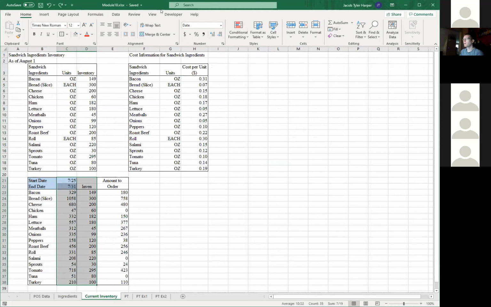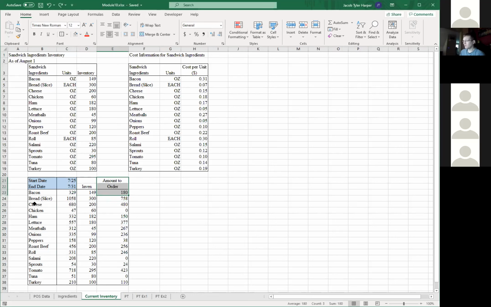And then we're trying to figure out how much of these ingredients we want to order. Well, if you need 329 and you already have 149, the amount you need to order is just the difference, the amount left over to make up that gap.